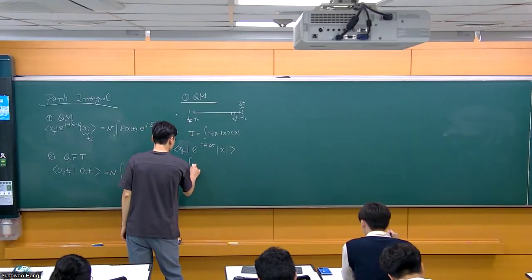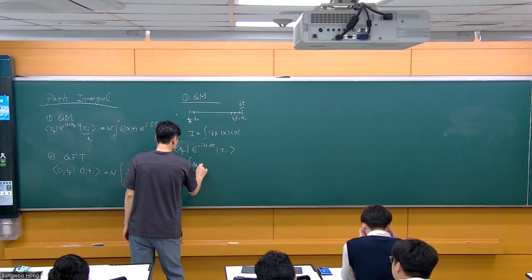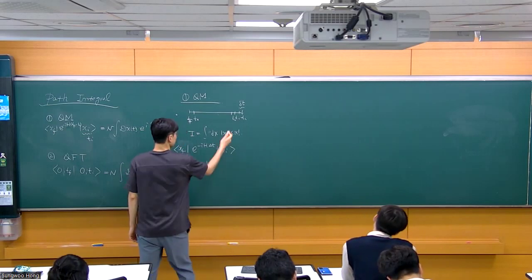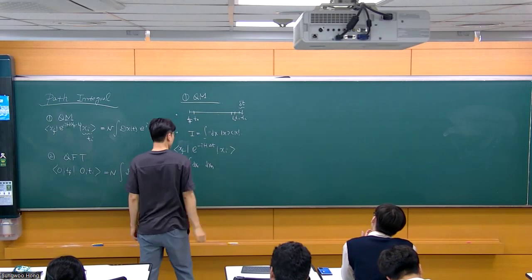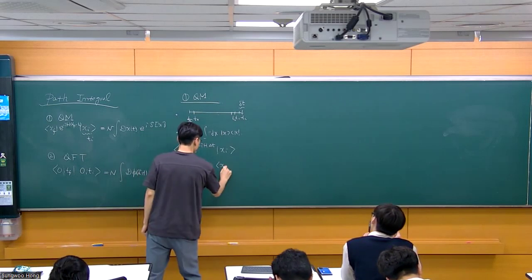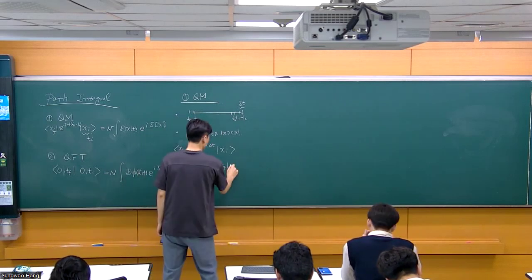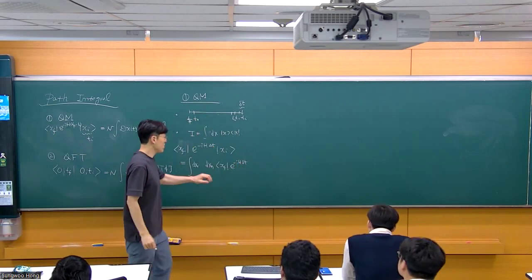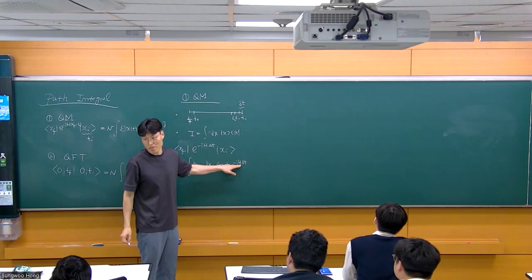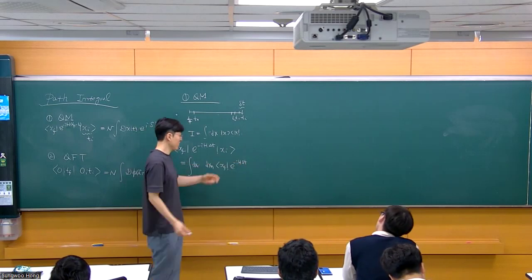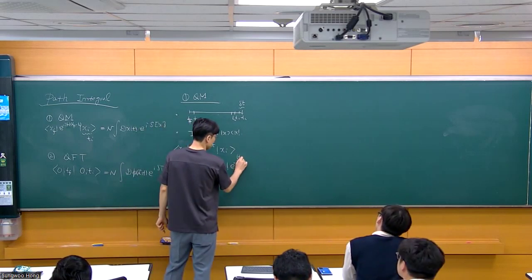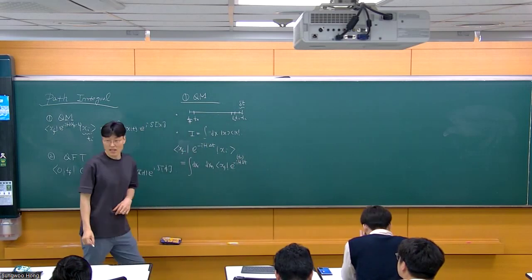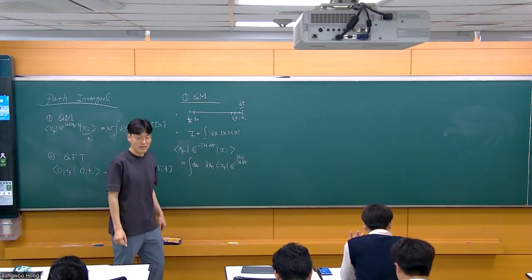So dx1 to dxn. For each of the slices, I'm inserting the identity. And then there's xn that I will have, minus i delta t. Let me write as if the Hamiltonian is time independent, but if it does have a time dependence, you can just insert the Hamiltonian evaluated at t at the last slice.